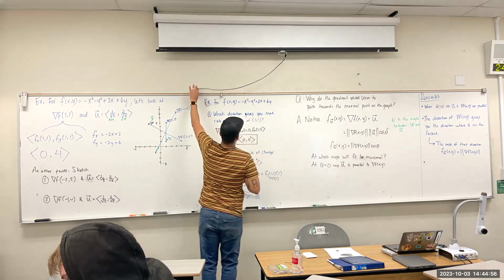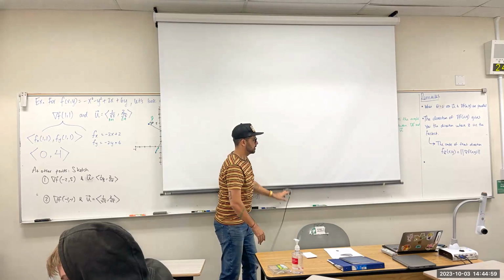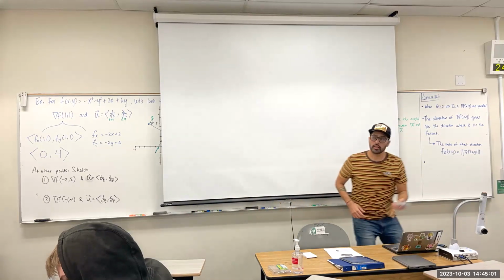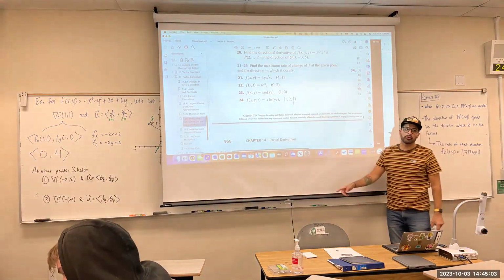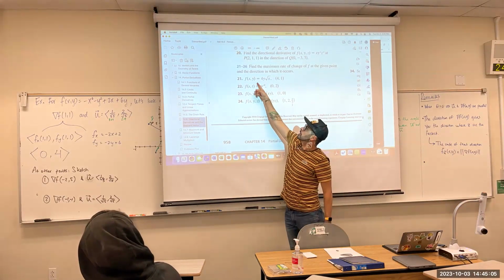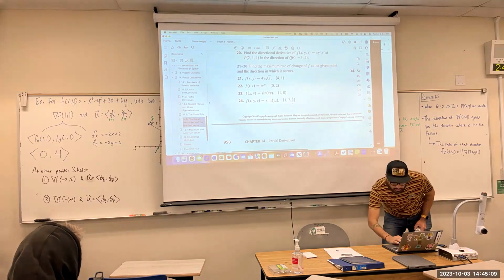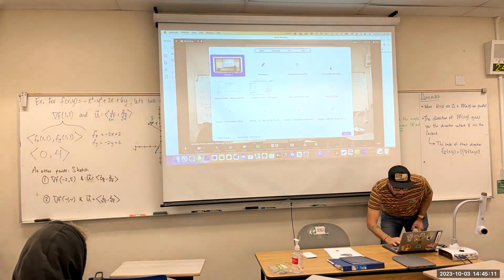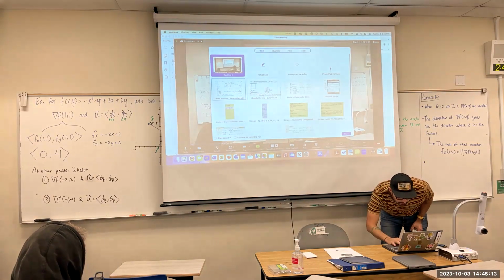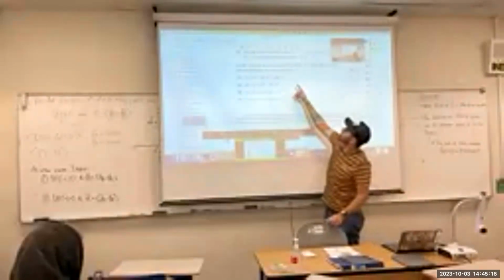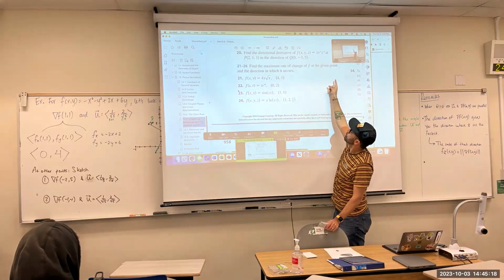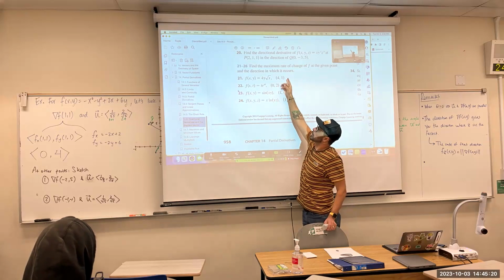All right, guys, let's say this was your homework problem, number 21. The question says, find the maximal rate of change of f at the given point and the direction in which it occurs.